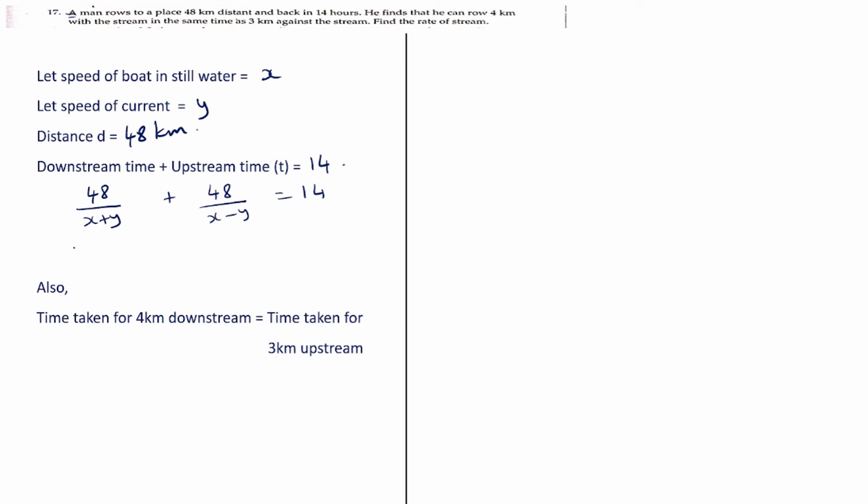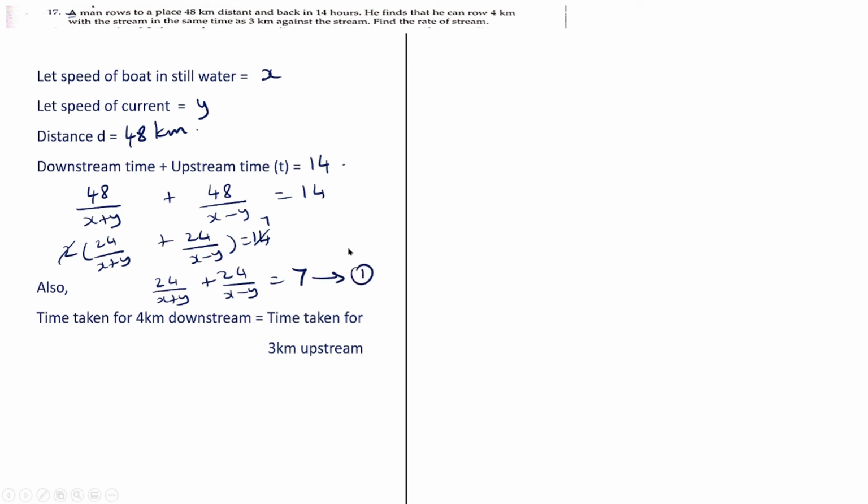Or here let us take 2 outside. 2 into (24 by x plus y plus 24 by x minus y) equal to 14. Here it will go 7 times. So we get 24 by x plus y plus 24 by x minus y is equal to 7. Let us take this as equation 1.